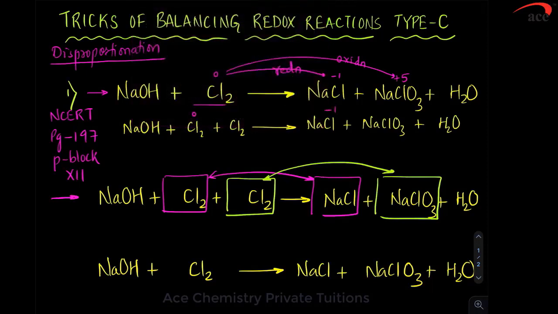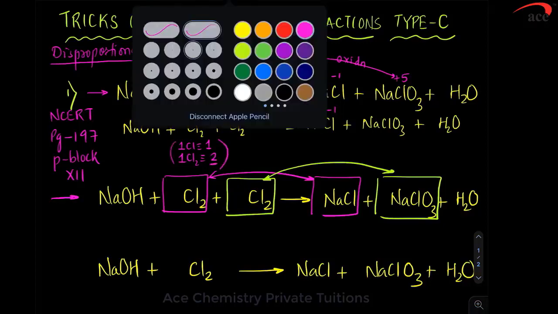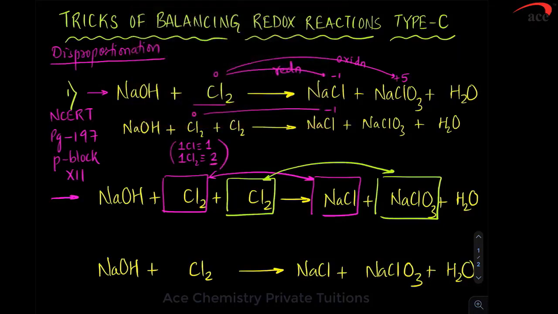This chlorine is going from 0 to -1, so for one chlorine the change is 1, but we are dealing with 1 Cl2, so the factor is 2. Similarly, chlorine going from 0 to +5 increases by 5. For one chlorine it is 5, so for one Cl2 it is 10.